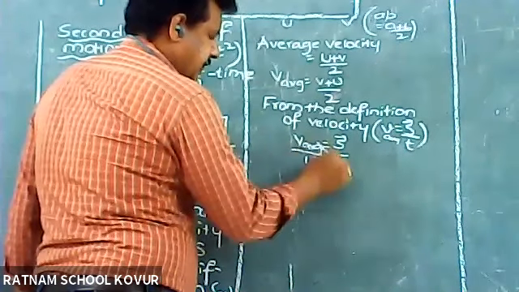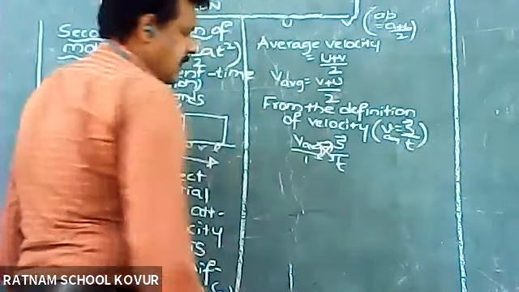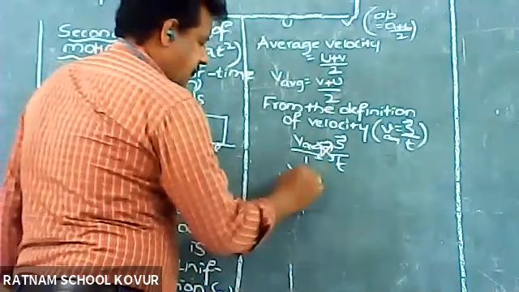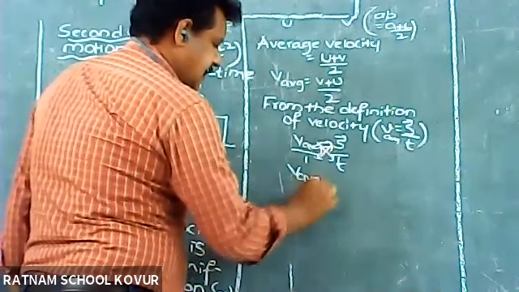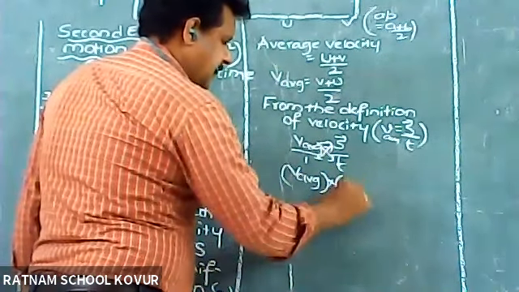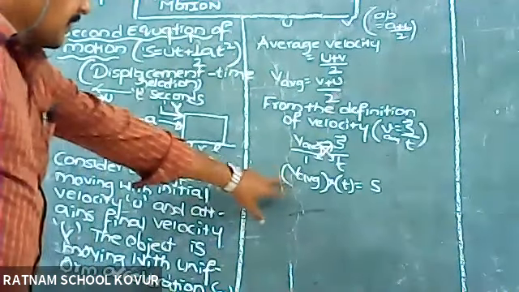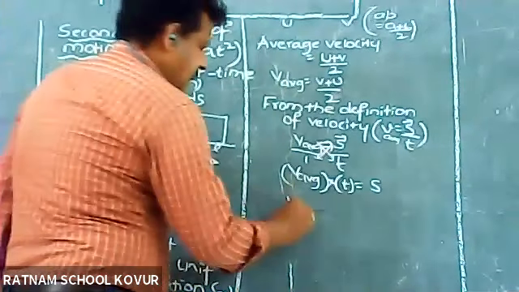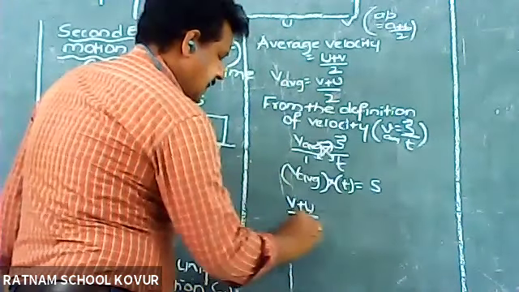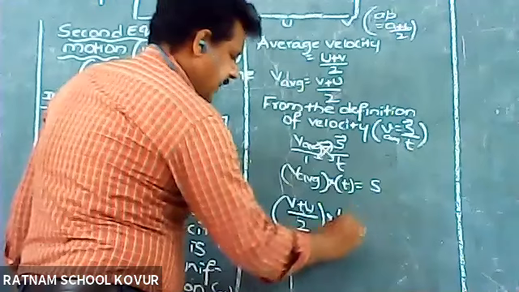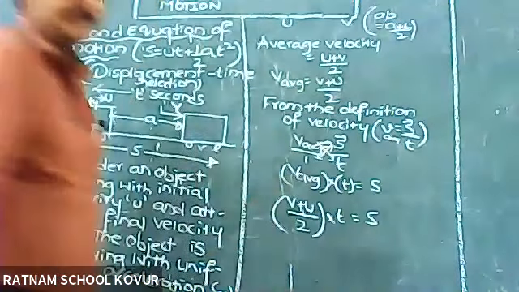I will cross multiply. So V average into time is equal to S, the displacement. V plus U by 2 into T is equal to S.